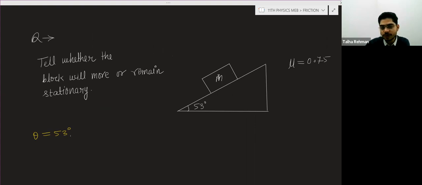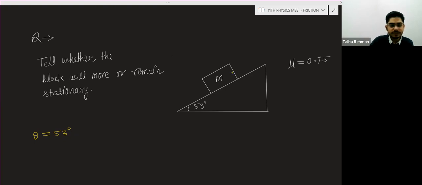Either you take the components of the forces and check whether the applied force in this direction is greater than the friction force, because the block will have a tendency to move in this direction, so the limiting friction force will be in this direction. If the applied force is greater than the limiting friction force, then the block will start to move.